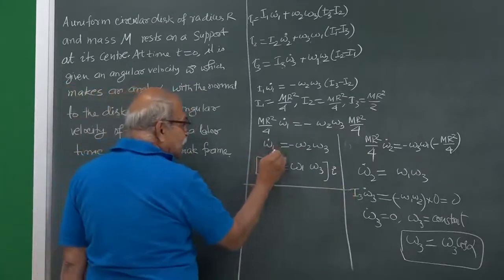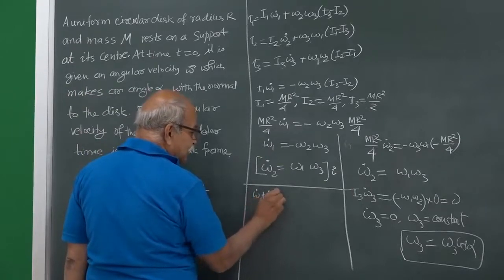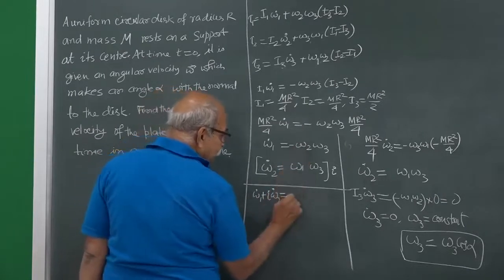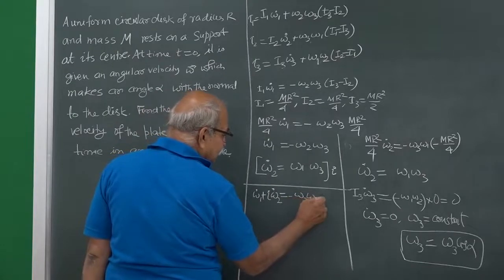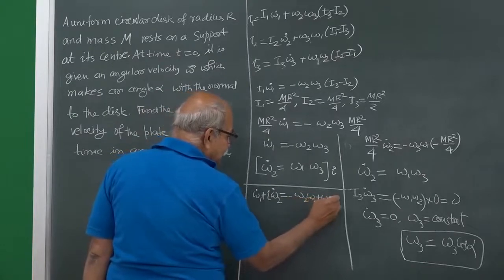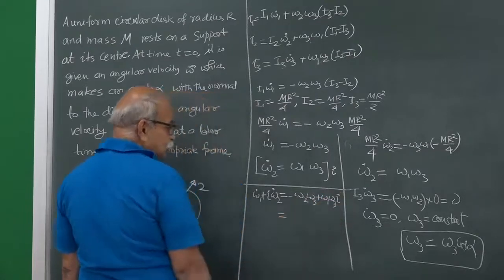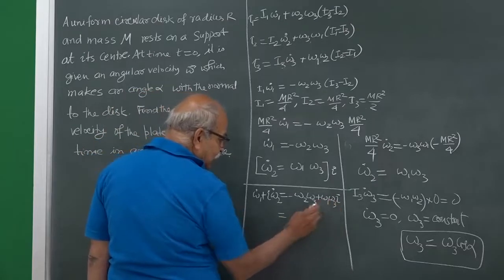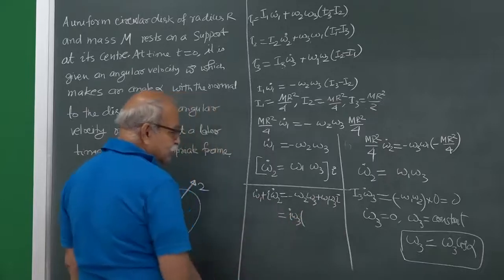You get omega 1 dot plus i times omega 2 dot is equal to minus omega 2 omega 3 plus omega 1 omega 3 i, which is equal to, let us take i omega 3 as common.